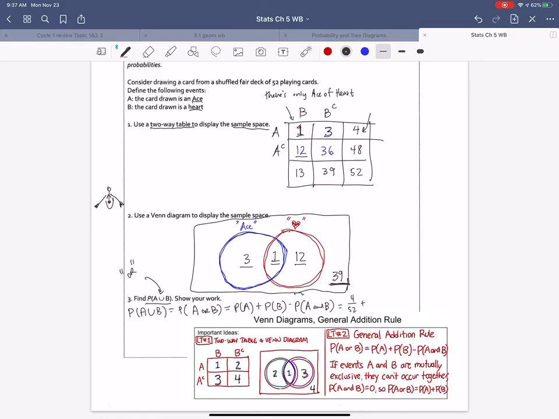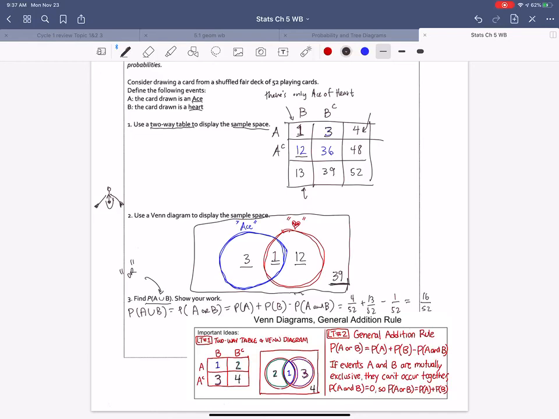We know that the probability of B is 13 over 52. And we know that the probability of both is 1 over 52. So we don't want to accidentally count those twice. So what we have here is 13, 14, 15, 16, 17. Take away 1. So that would be 16 over 52.